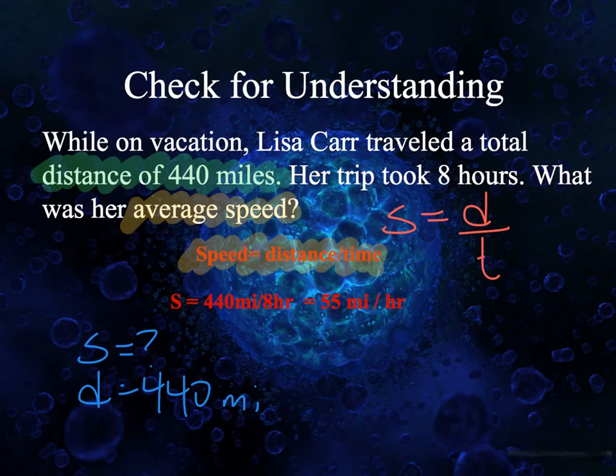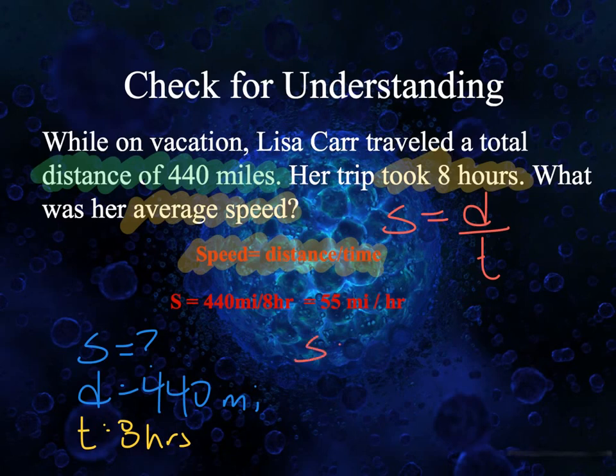And how long did it take her to travel that distance? It took 8 hours, so our time is 8 hours. Now we've identified what we need to solve for and what is given: we know distance, we know time. Now we can plug these variables into our equation.